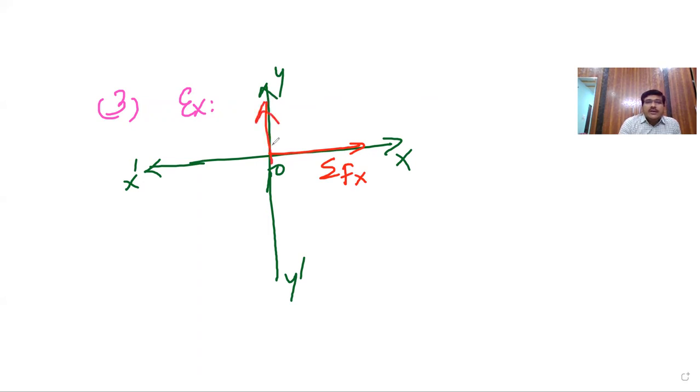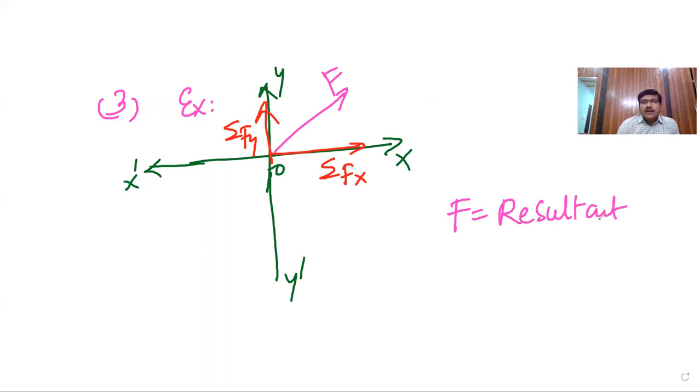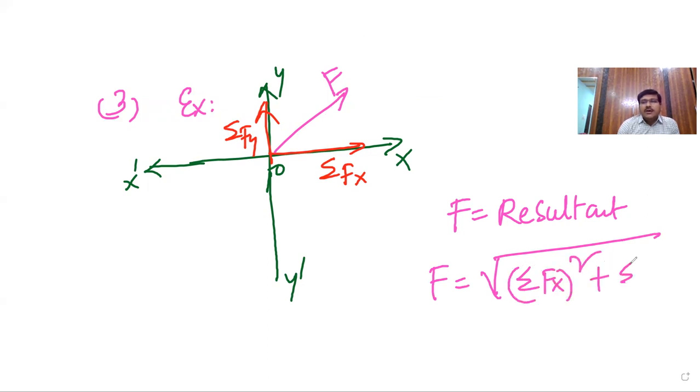Similarly, if you got the y component sigma Fy with positive sign, then its resultant will be F. That is the resultant, and F is equal to the square root of sigma Fx squared plus sigma Fy squared.